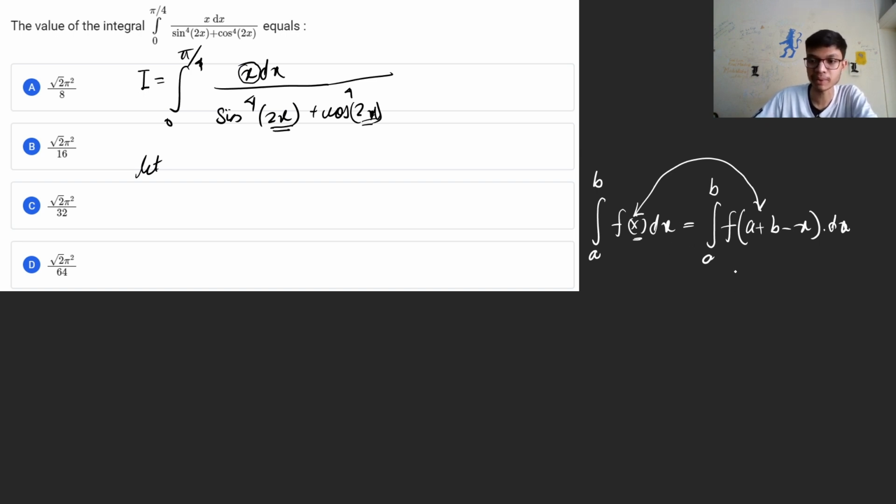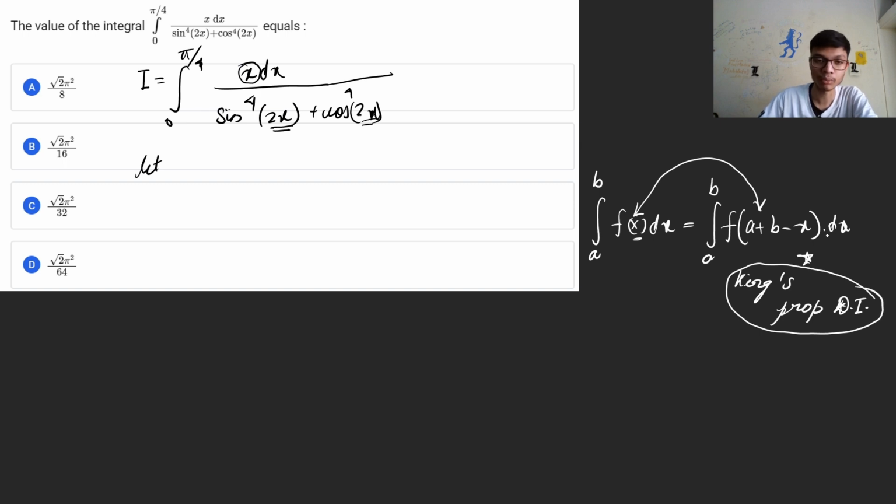This simplifies many results, and it is a very important property, also known as the King's property. Let me write it over here: King's property of definite integrals. That's how you remember it. It is a very important property you must remember, and if you have studied the chapter, you know how important it is. So with this, let us move on and solve.